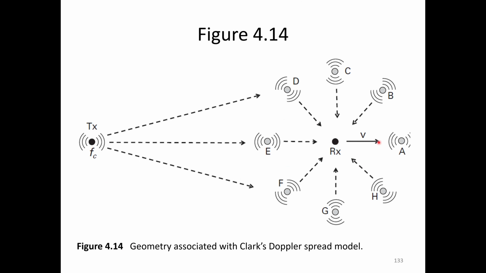Because the direction of the movement of the receiver is this direction, and it is perpendicular to the segment C to G. Okay, so from C to G, when arriving at the receiver, the frequency is not changed. Okay, it is also Fc.